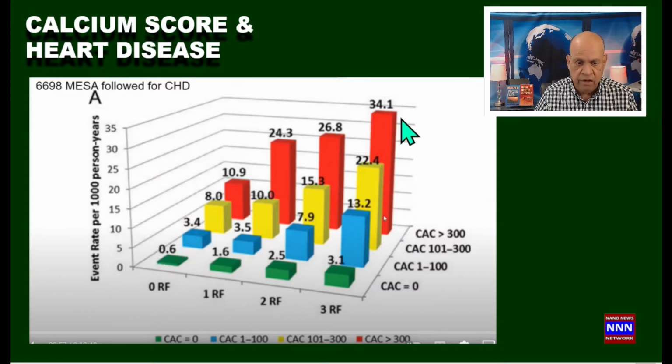But on the other hand, if there is a patient with multiple risk factors like hypertension, high cholesterol, diabetes, kidney problem, vascular disease, and they have a calcium score of greater than 300, their risk is almost like 50 to 60 times higher than the lowest risk population. So clearly the calcium score, just basic simple calcium score, can tell us how significant the risk of cardiovascular events in the future is based upon the calcium score and the number of risk factors.